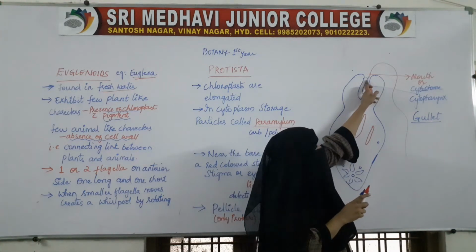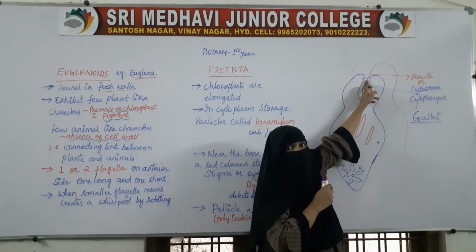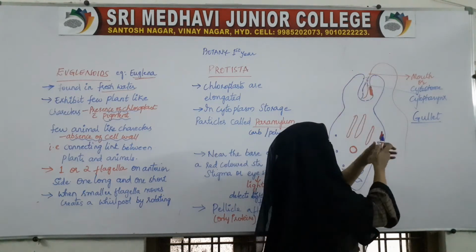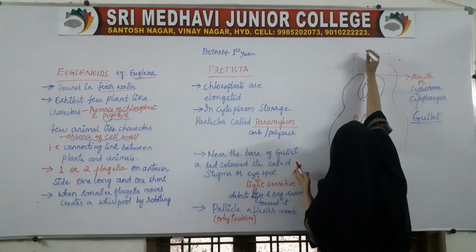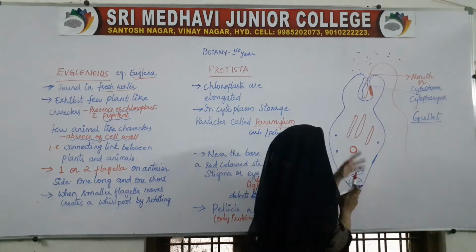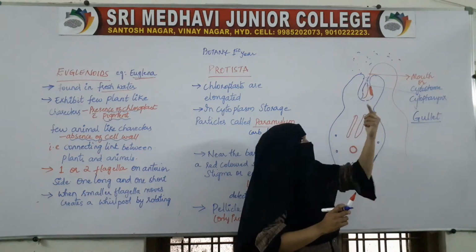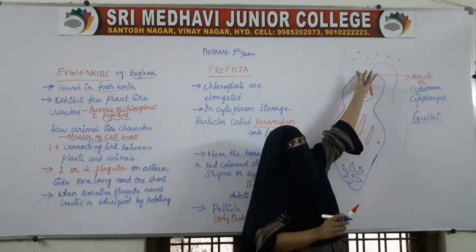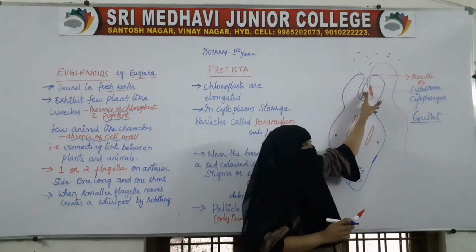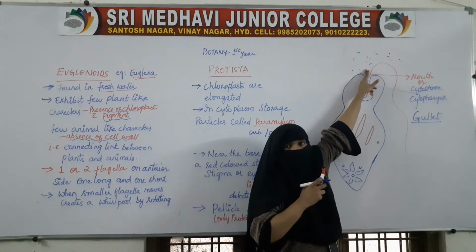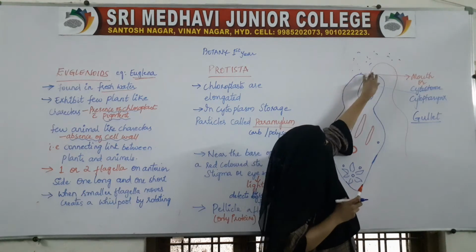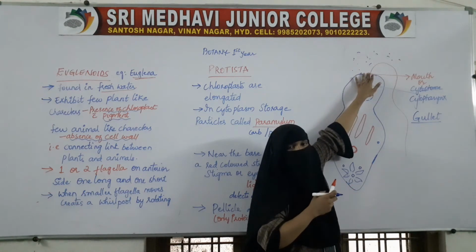When this flagellum moves and creates the whirlpool, whatever small particles are there around in the surroundings, because of this whirlpool movement, a few particles can enter inside. Because of the whirling or rotating movement, a few particles come inside, come in front.